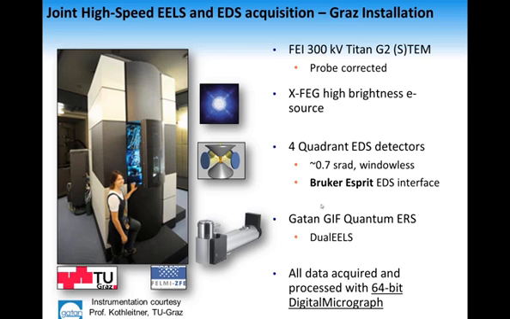All the data were acquired in Digital Micrograph with the 64-bit operating system. This is important to say: the system in Graz is the only ChemiSTEM system in the world where EDS data can be acquired in Digital Micrograph. So this is basically the best system to compare EDS data acquired using the 4-quadrant EDS detectors and EELS data acquired with the Quantum in Digital Micrograph.